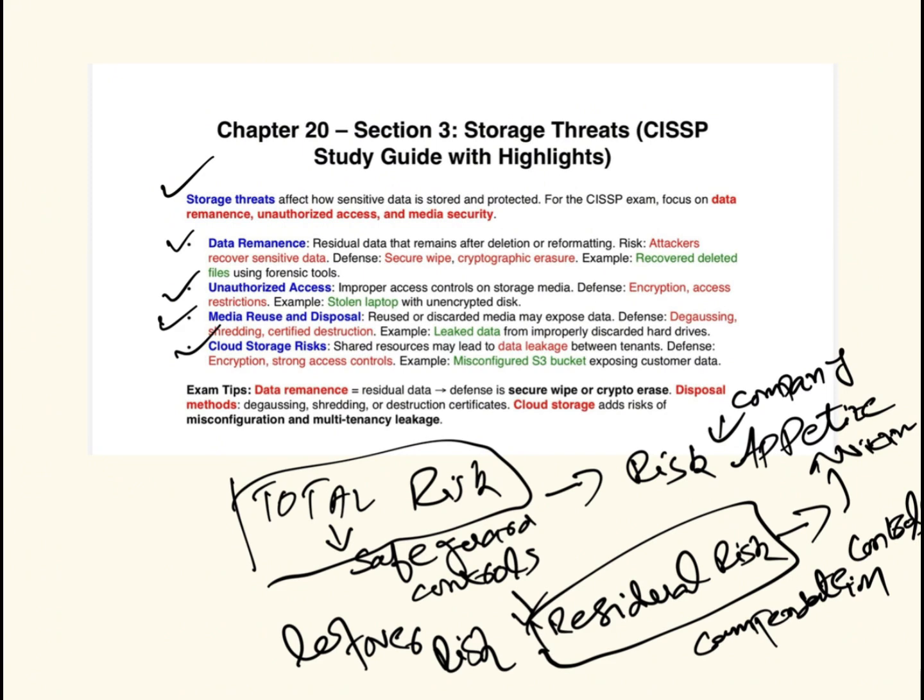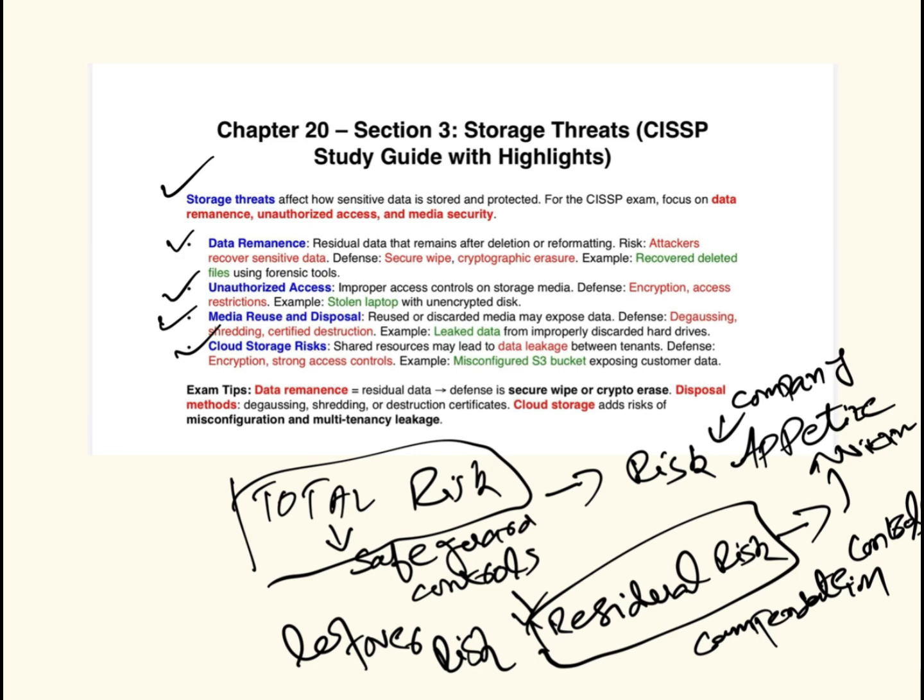We need to encrypt the data whether it is at rest, in transit, or even in use. Also storage access control, identity and access management, least privilege, and regular audits and configuration reviews. Cloud storage offers convenience and scalability, but adds misconfiguration and multi-tenancy leakage risks.